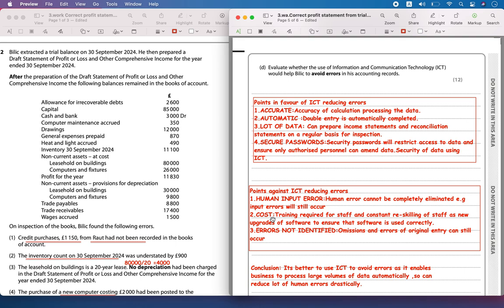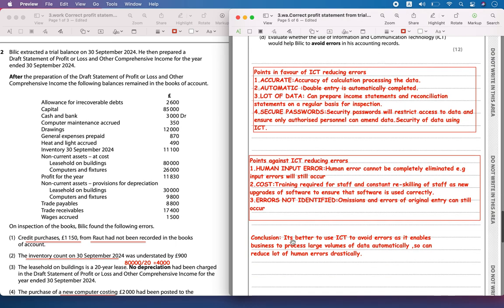Secondly, he has to bear in mind that it requires training and reskilling of the staff, because otherwise it will cause errors if they don't know how to use it. It will also include some cost for installing the software, and certain errors like omission errors and errors of original entry cannot be identified or reduced by using ICT.